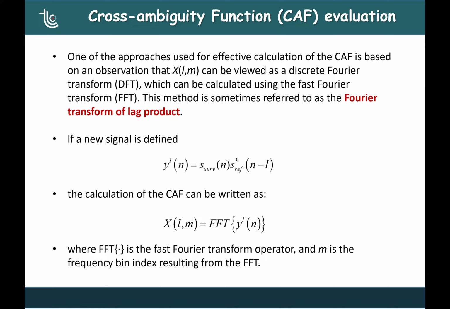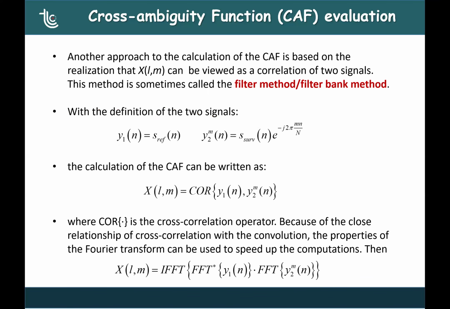So if we can apply it directly to the signal, then the calculation of the cross ambiguity function will be shorter in time. Then let's look at other efficient methods to calculate the cross ambiguity function.